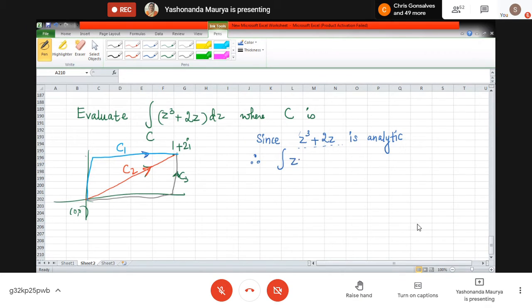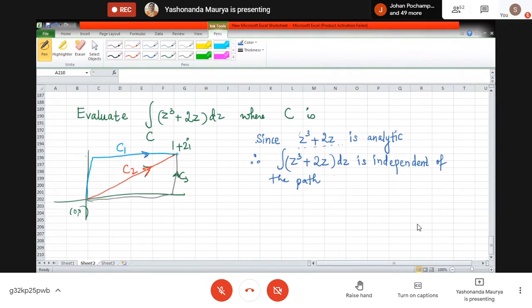Therefore, the integral of this function is independent of the path.